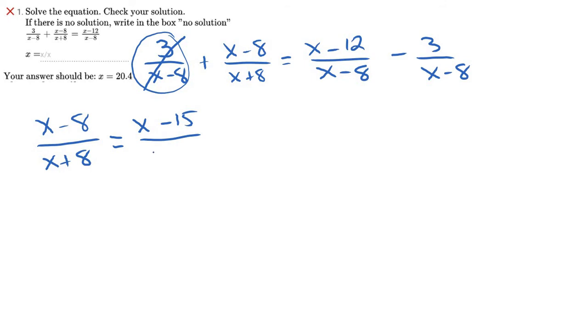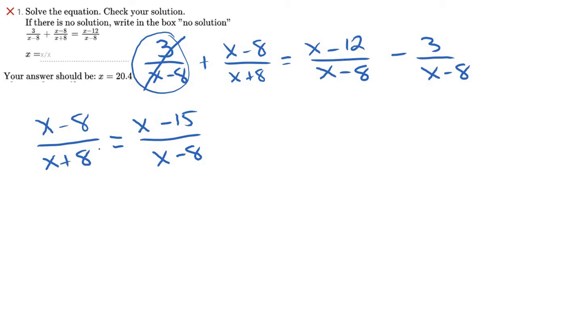So x minus 15 over x minus 8. Now we still have x's all over, but this is something that most of you are pretty familiar with. We could cross multiply. That would be one way that we could eliminate these denominators.